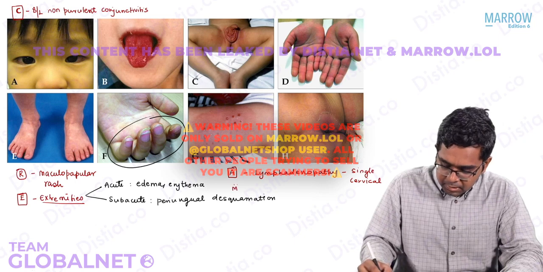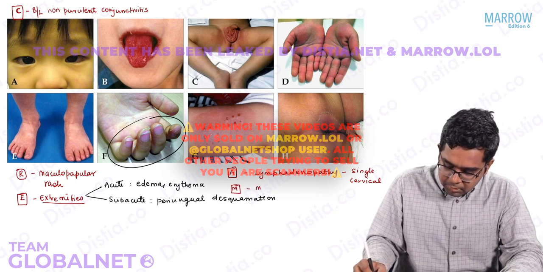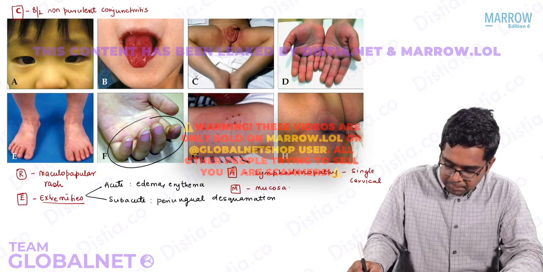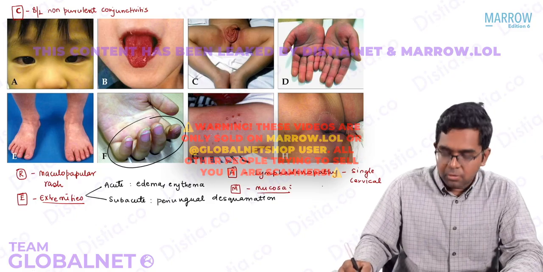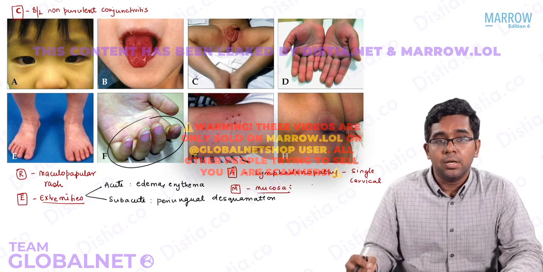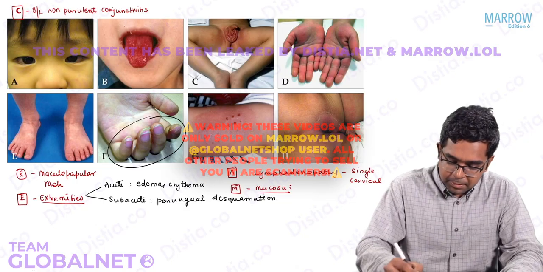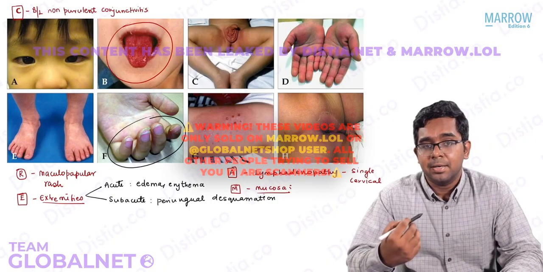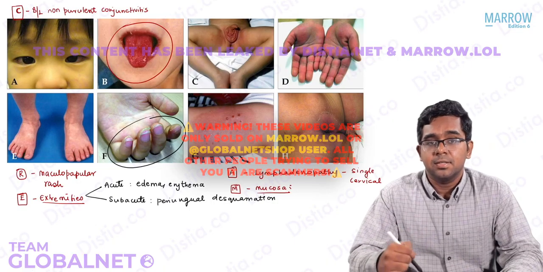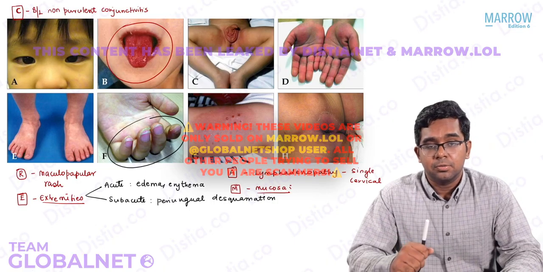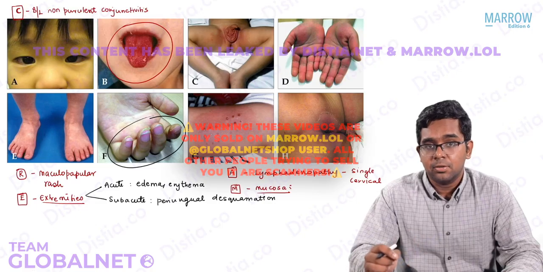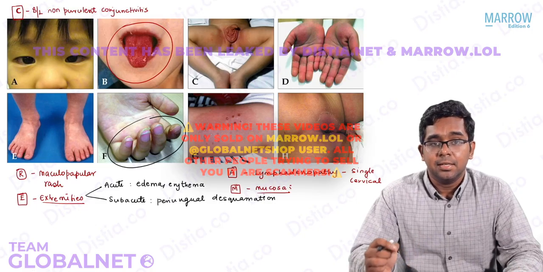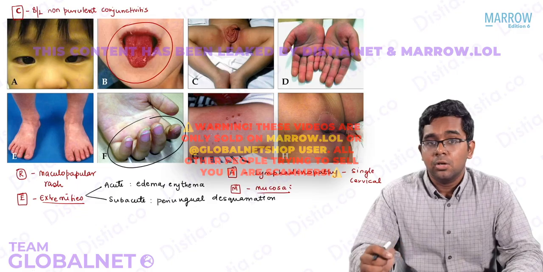And what is the last one? M. M stands for the mucosal involvement. Typically, it is a redness of the mucosa in the oral region. Can you see in this picture? There is a lot of redness in the mouth region as indicated by redness of the lips as well as redness of the tongue. Okay, what is that lip redness called? Cheilitis, and the tongue redness is called glossitis.